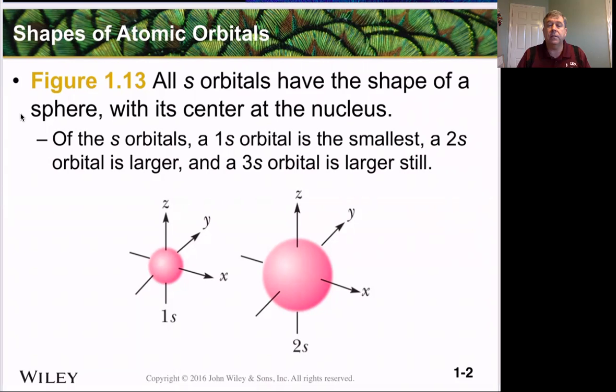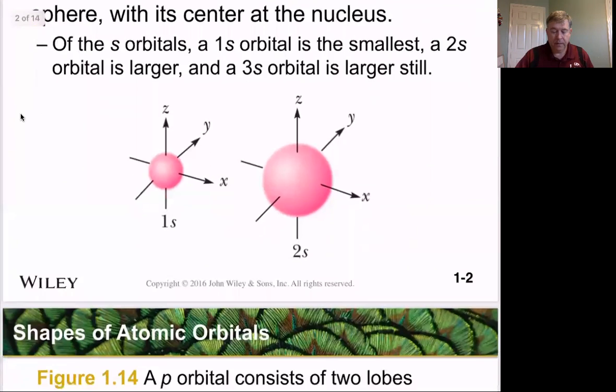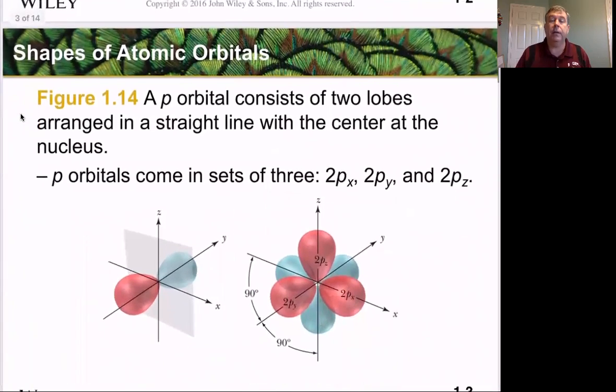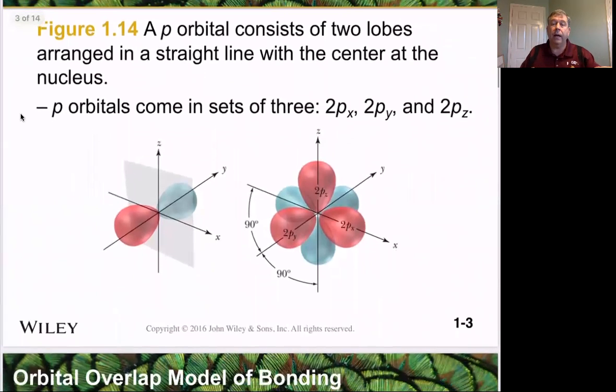All right, let's go back and start looking at our shells again. Our first shell is spherical and is completely encompassed by our second shell as we start adding electrons to it. So all we care about are the electrons in that 2 energy level. Now, when we look at our p's, they again are this dumbbell shape. One is on the x-axis, one is on the y-axis, and one is on the z-axis here.